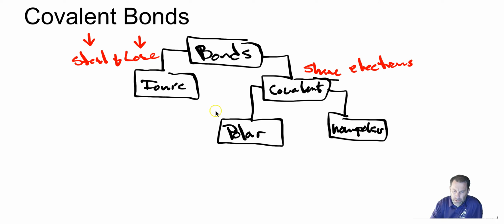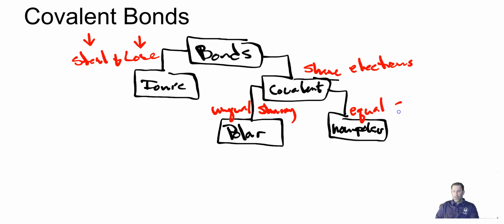Unequal. This table's shaking, so my video, I'm sure, is shaking. And that says unequal sharing. Let me move back and I won't touch the table. Then nonpolar, we have equal sharing.